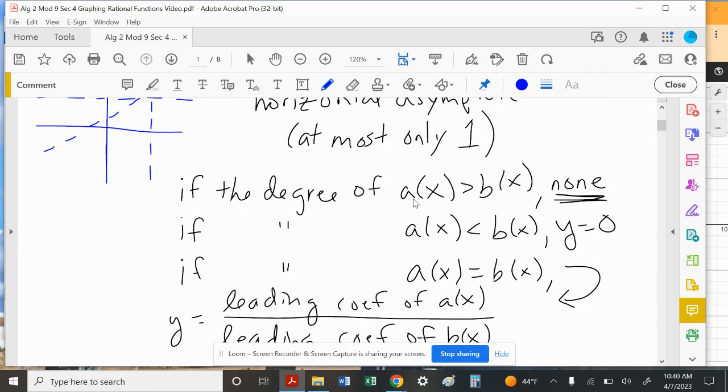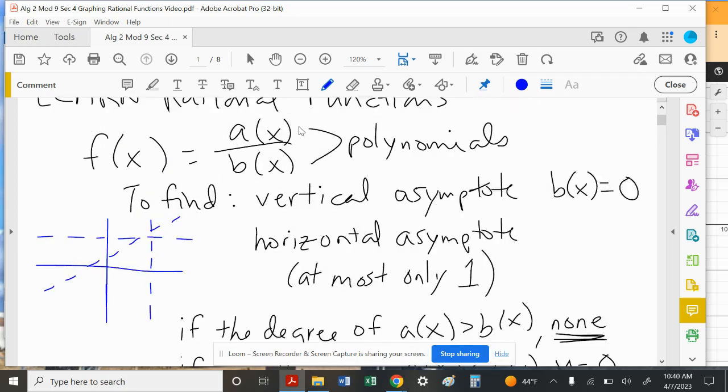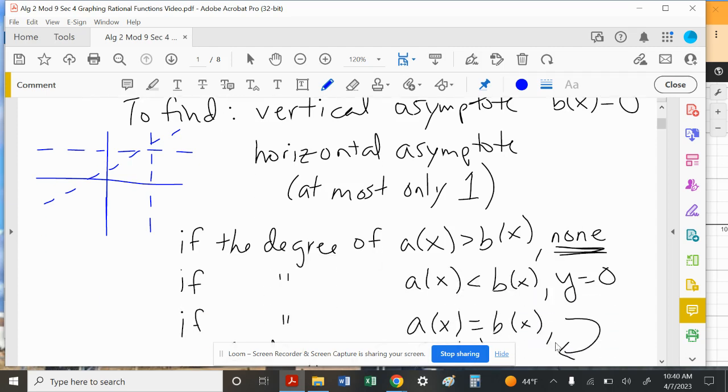So we're looking for the degree of the numerator and the degree of the denominator. If the degree of the numerator is greater than the degree of the denominator, there is no horizontal asymptote. If the degree of a of x, the numerator, is less than the degree of the denominator, then y equals 0, or the x-axis, they mean the same thing, is the horizontal asymptote.